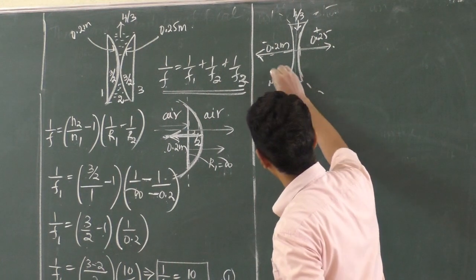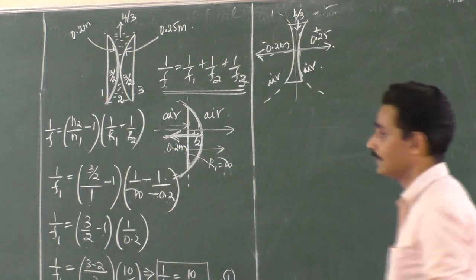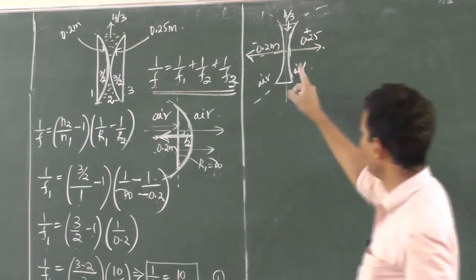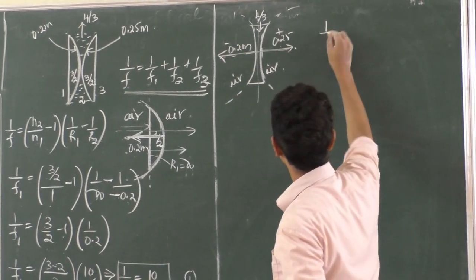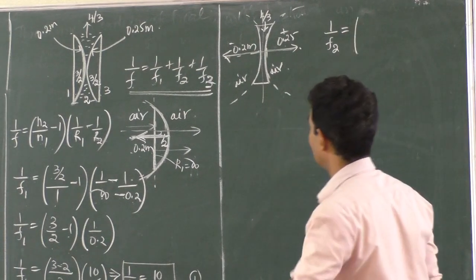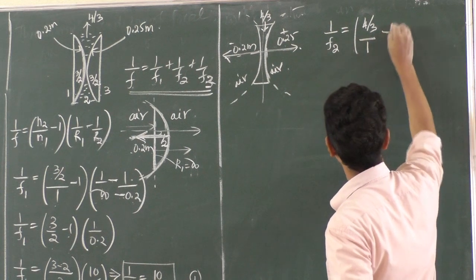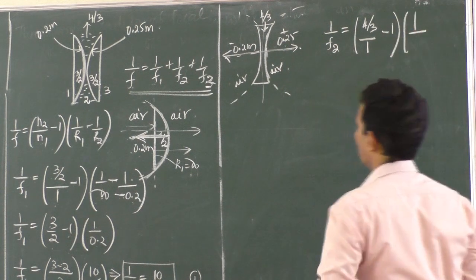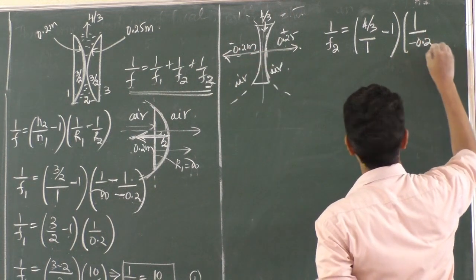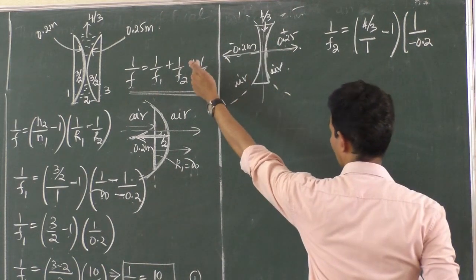Now this is air, this is air. Don't compare it with this one, right? Individually that lens is given a name and a focal length, and that is in air. That focal length we are finding out. 1 by f2 is equal to, you know the formula, (refractive index of the lens by surrounding medium minus 1) into (1 by R1 minus 1 by R2). R1 is minus 0.2; there is no negative in the formula for 1 by R1, but it is negative from the sign convention.